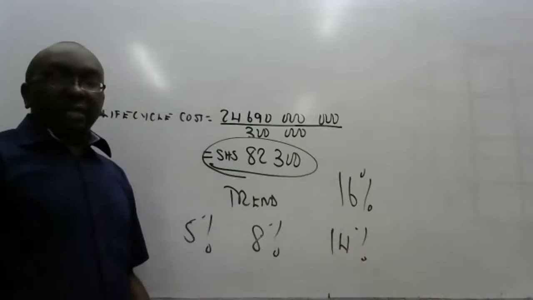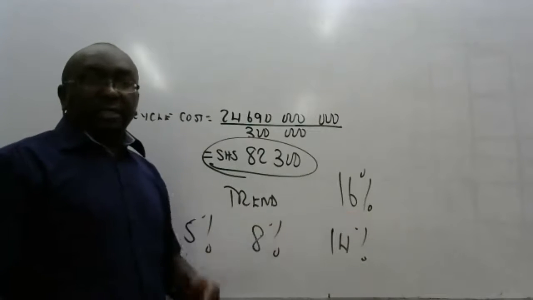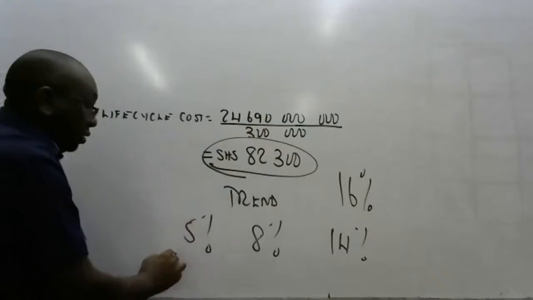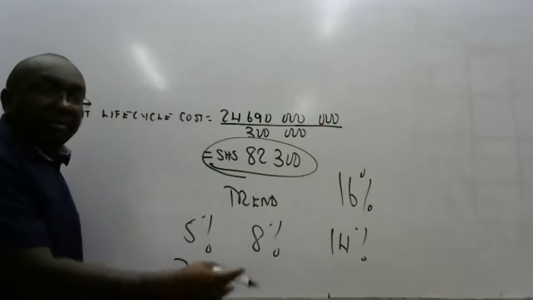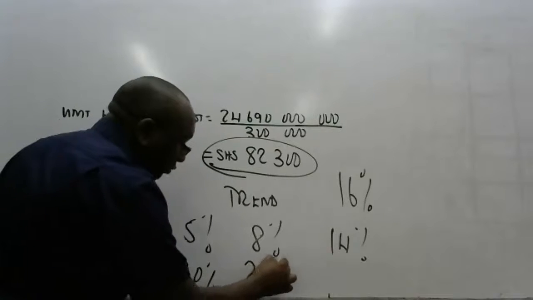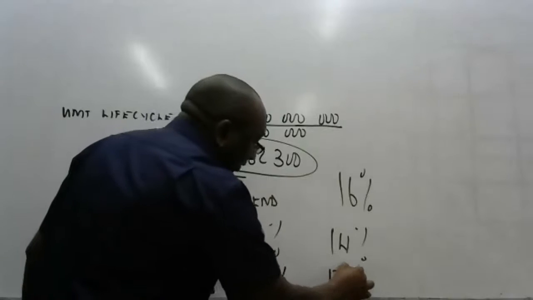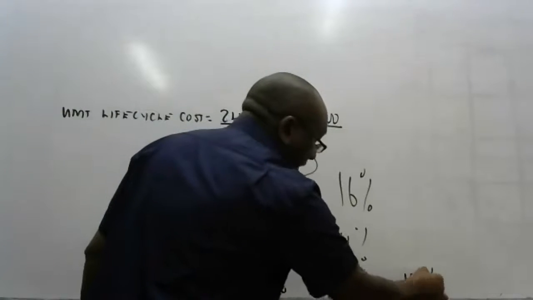Similarly, when we look at the trend, it is possible that when we began, you had 16 or you were above 16, like what we saw in the project of mine. You even recorded, for example, 30%. But come second year, you are now talking of 22%. Come the third year, you are somewhere around 17%. Come fourth year, you are around 15%.